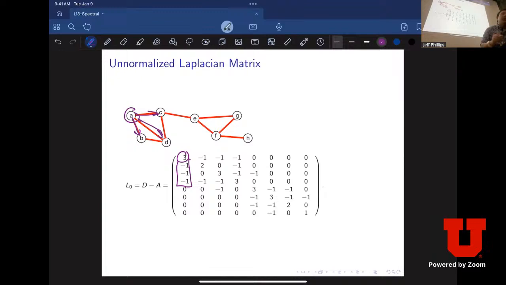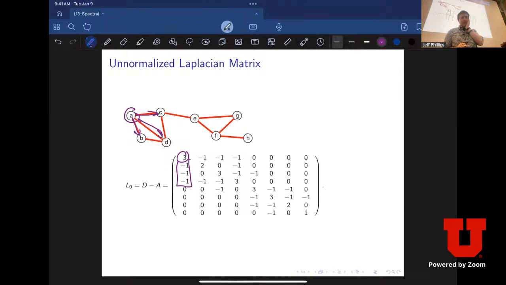So I have a degree 3, and I can output it in the column. I have one part of the degree going to B, one part to C, and one part to D. It's measuring something like a flow going through the graph, a balanced flow sort of way of thinking about it.